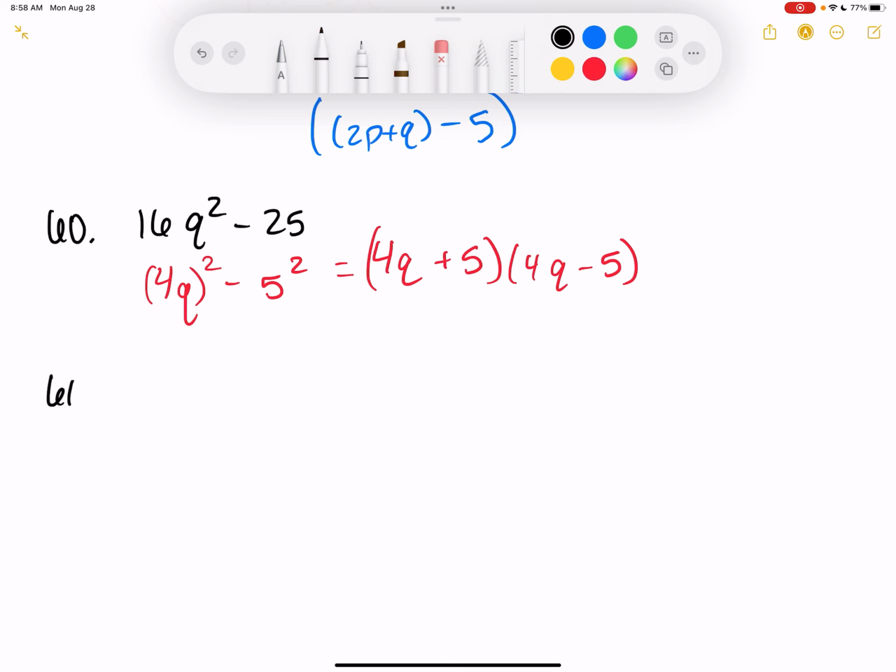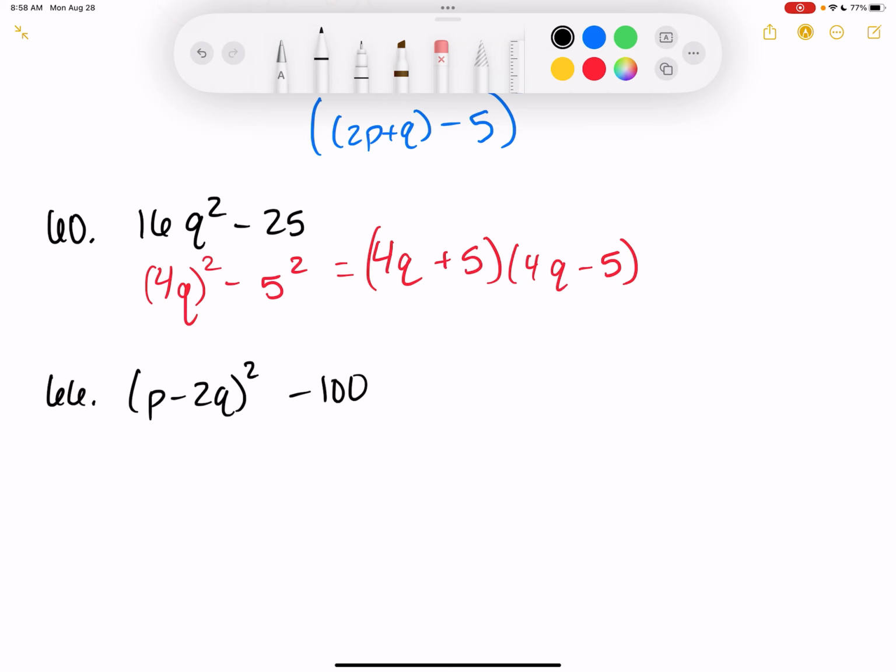All right, number 66. In parentheses, I've got p minus 2q, and the whole thing squared, minus 100. So looking at this, maybe your mind is thinking, oh my goodness, she's about to make us do substitution again. I'm not.